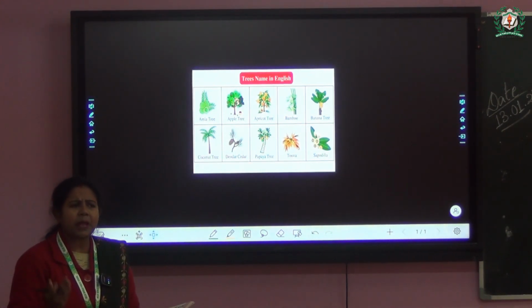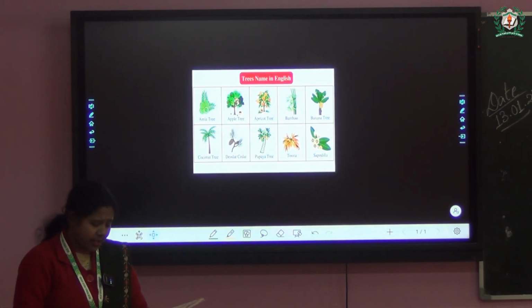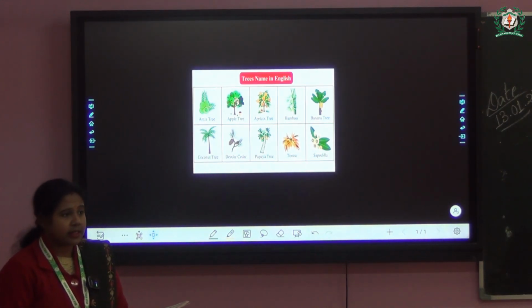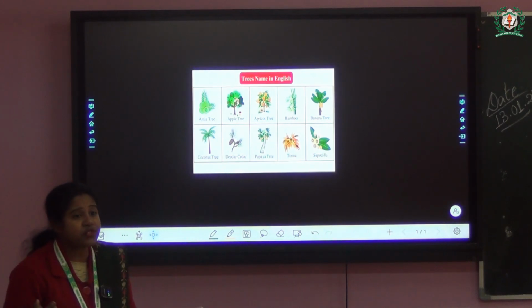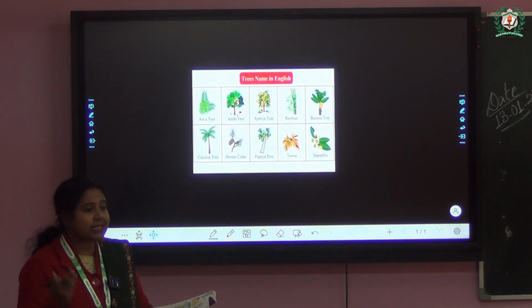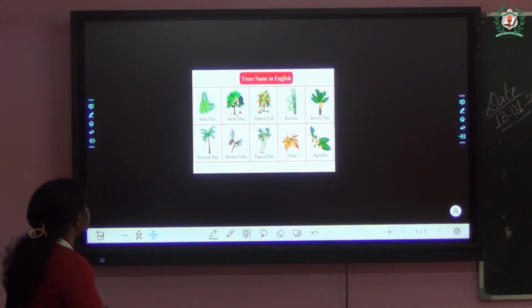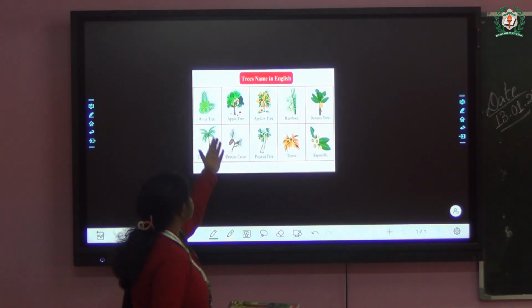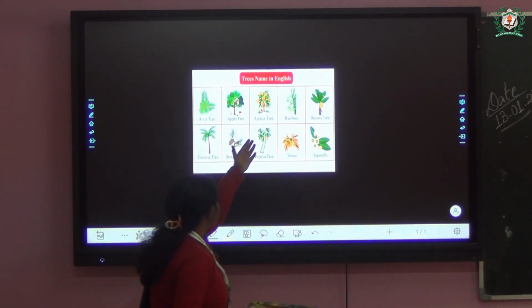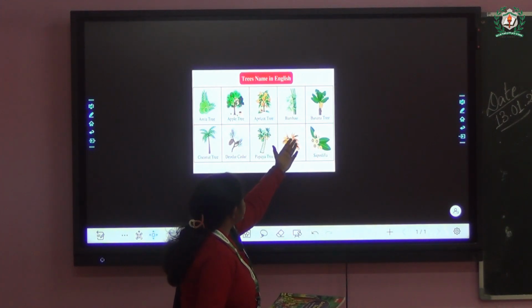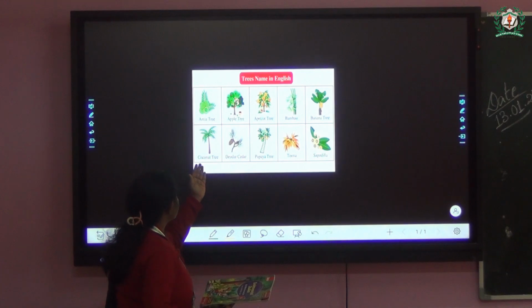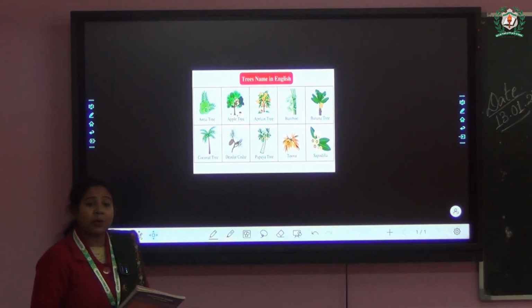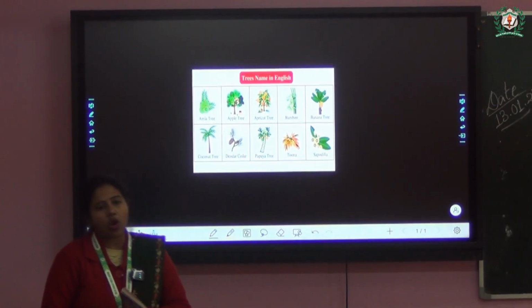The very common trees are like the mango trees that you can see all around. What else can you see? The neem tree, the banyan tree, and there are so many other trees also, children, like apple tree, apricot tree, bamboo tree, banana tree, papaya tree, coconut tree. These are the common trees that you can see all around.